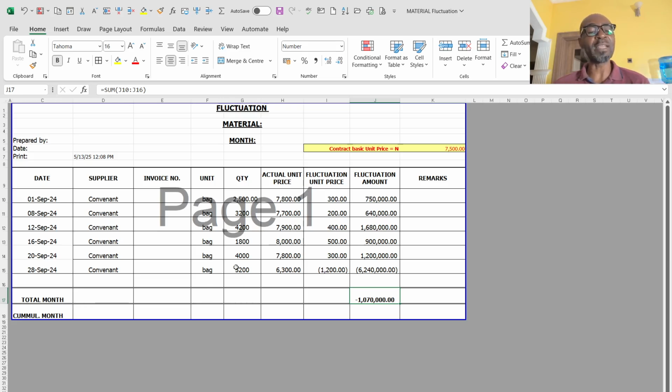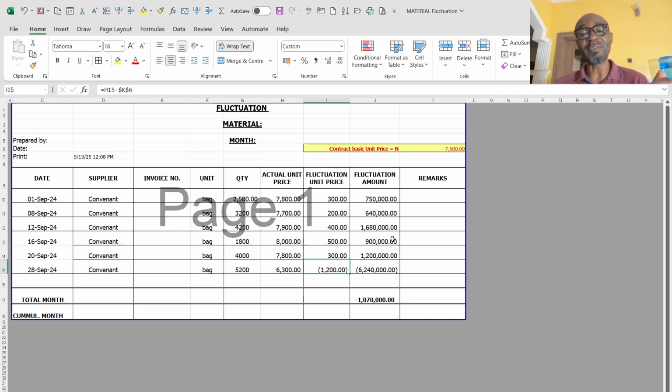Because the cement now fell on the 28th of September, it fell down from 7.5 to 6.3, and there's a 1,200 differential. It now negates all the positives that were up here. Now there's 6,240,000 that the client ought to lay claim to.